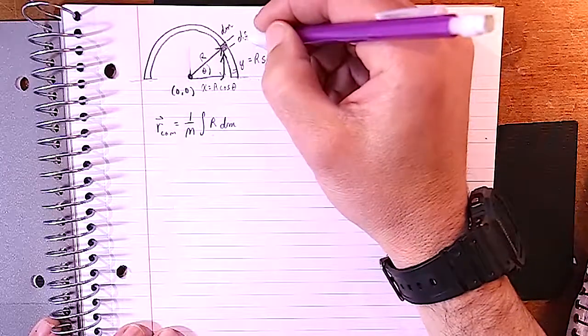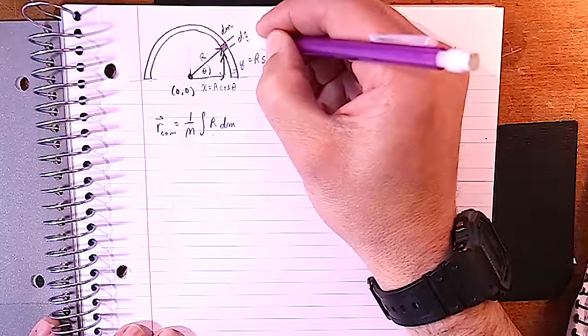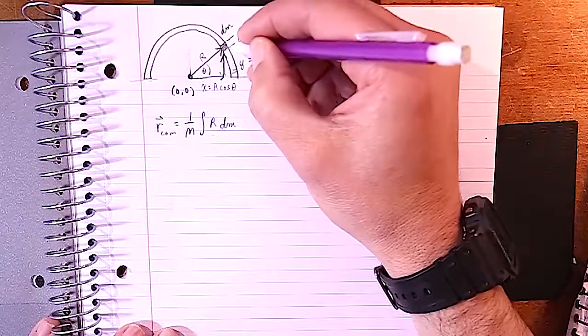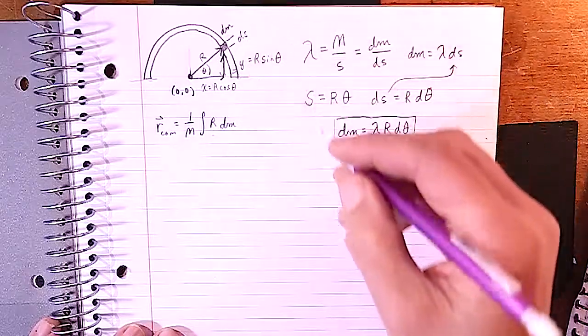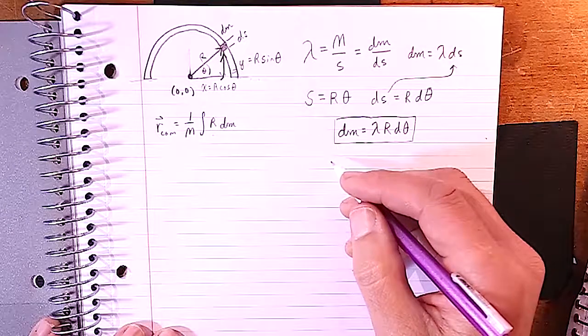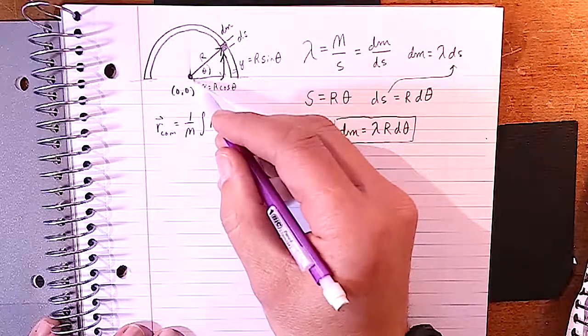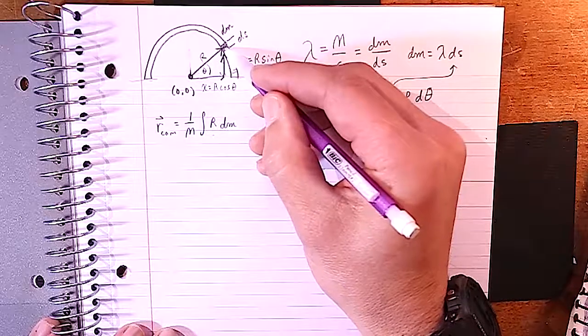Now, instead of using dx, we're going to use ds, because s is arc length. So we're not really using exactly a dx. At a very small distance, it would be a dx, but we're going to use ds for the derivative of the arc length. Now, another important thing before we get too far into this is the distance to this position.